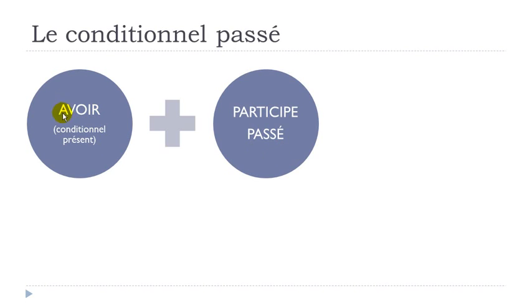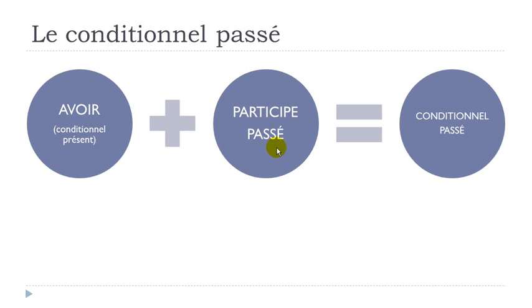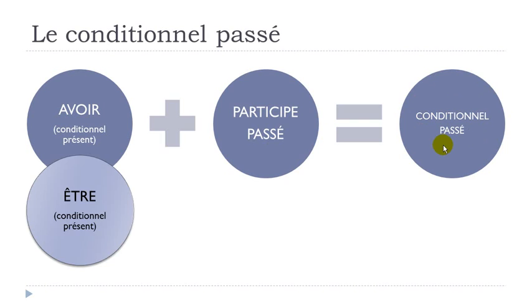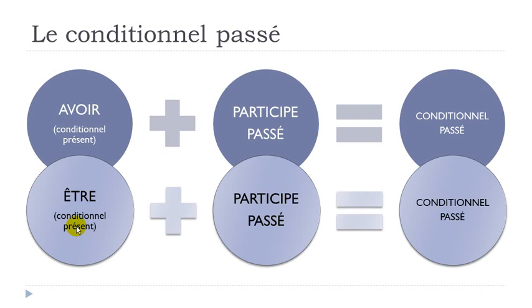Alright, so first avoir at the conditionnel présent form plus participe passé, past participle, then you will get your conditionnel passé form. Okay? But we saw as well that in some cases we'll use être, but then same thing, it should be at the conditionnel présent form. Plus participe passé, so it doesn't change, and it will give you conditionnel passé.